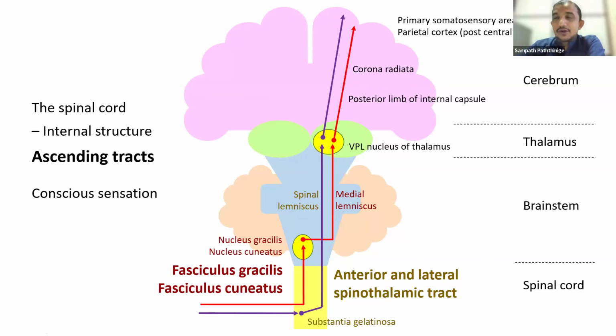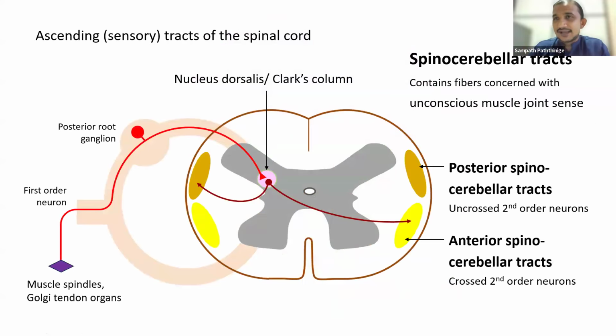But then you know that we have a lot of unconscious sensation, sensation that we are not aware of, which helps to keep the body in balance and to maintain posture. That is the spinocerebellar tract, because the cerebellum is concerned with maintaining posture and balance, and it constantly receives information from our muscle spindles and Golgi tendon organs, giving information on the position of the joints.